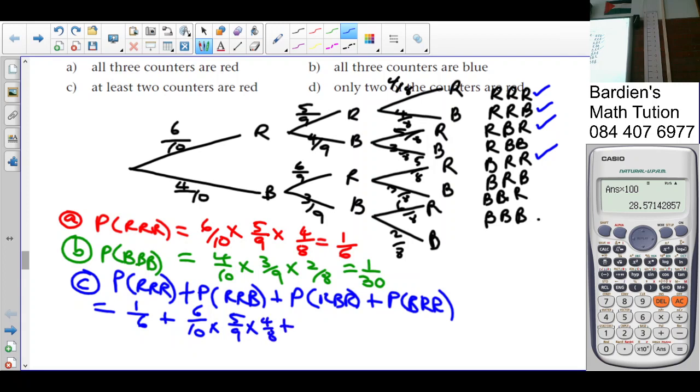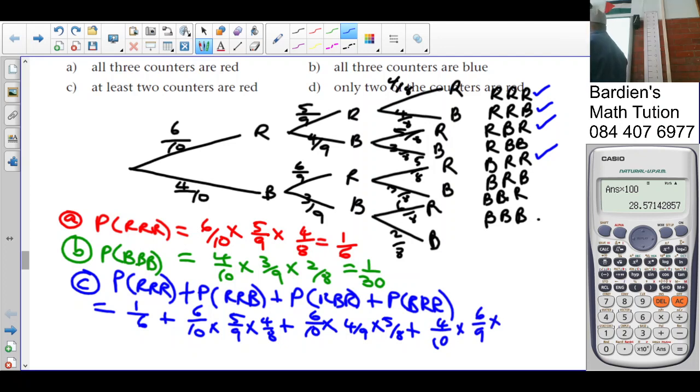Plus probability of RBR. RBR is going to be 6/10 times 4/9 times 5/8. Plus BRR, 4/10 times 6/9 times 5/8. So that gives us 2/3.